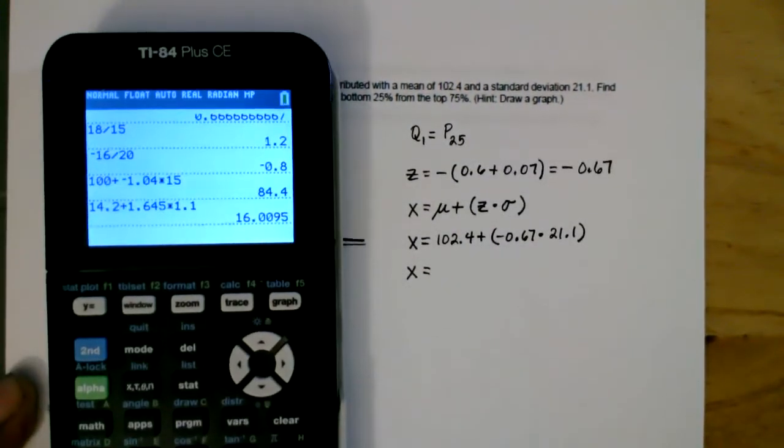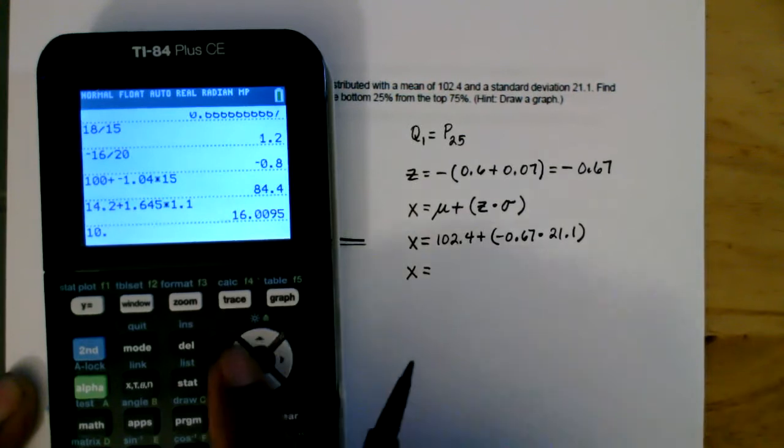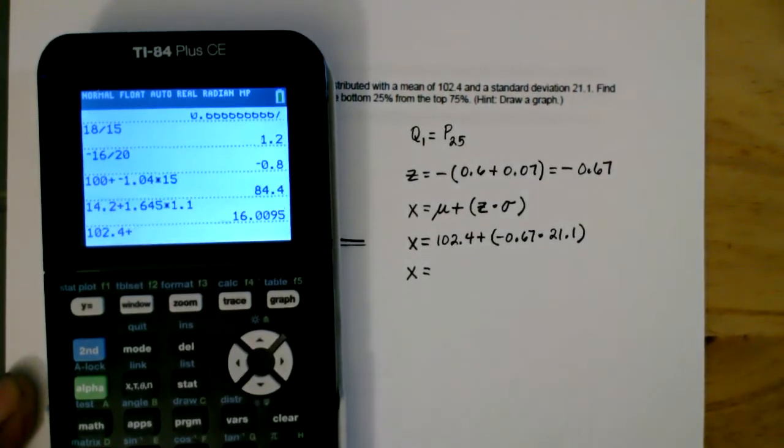So in the calculator, 102.4 plus negative 0.67 times 21.1.